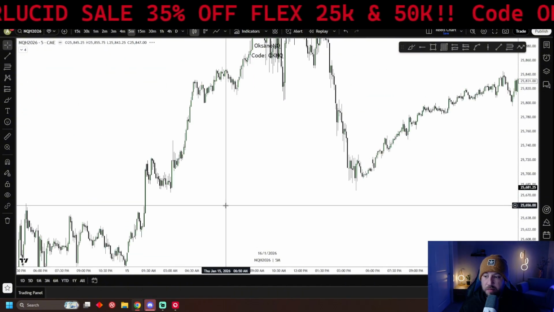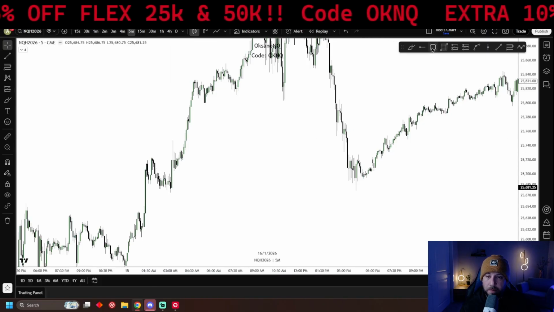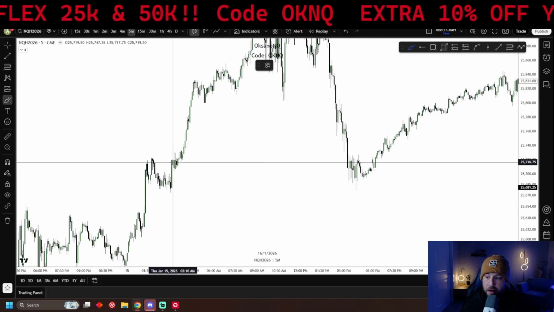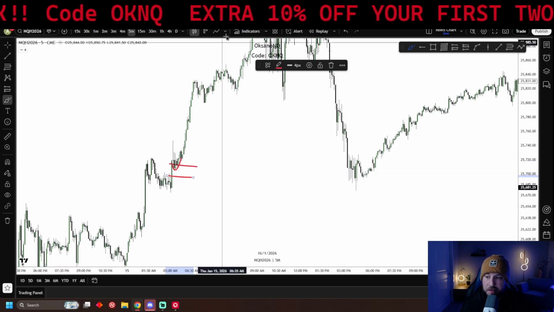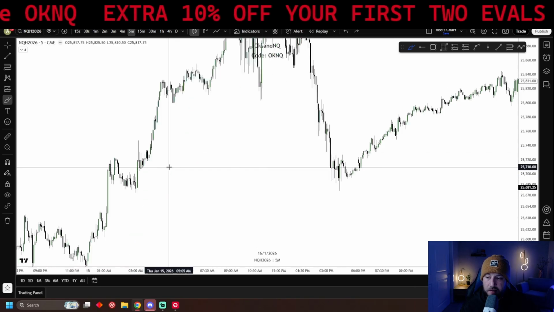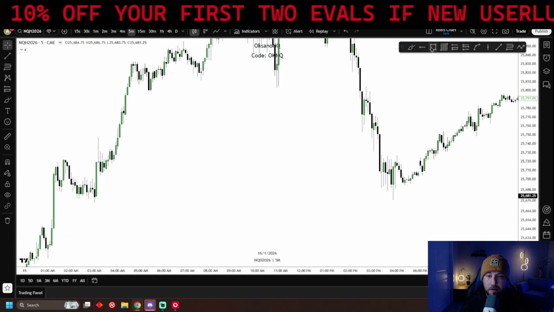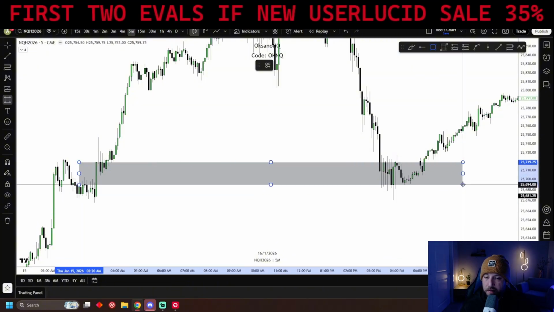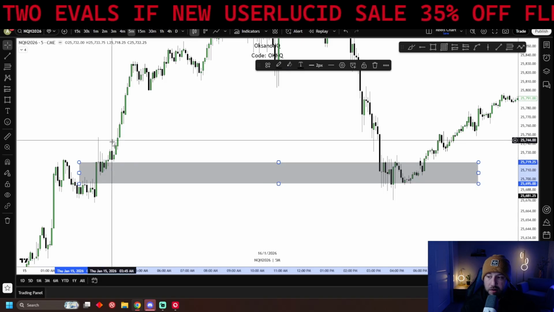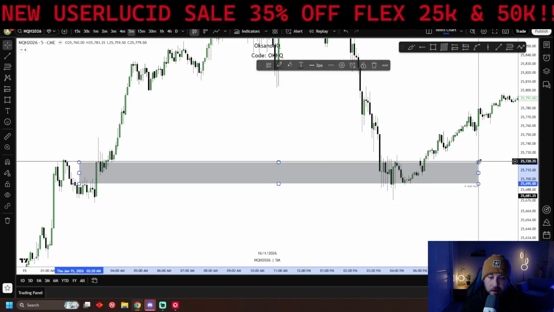So if we get the sweep on this obvious 5-minute low that delivered out of this big candle, this 5-minute swing low is inside this 5-minute gap that sent price higher. So now this is a significant swing low inside of a significant gap. That's enough confluence for me, because we have our delivery, we have a 5-minute sweep, and then if we do get a setup, that works for me.